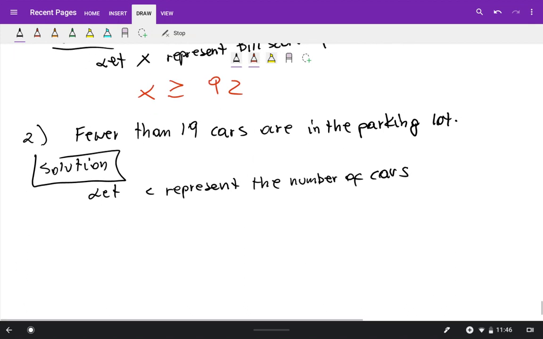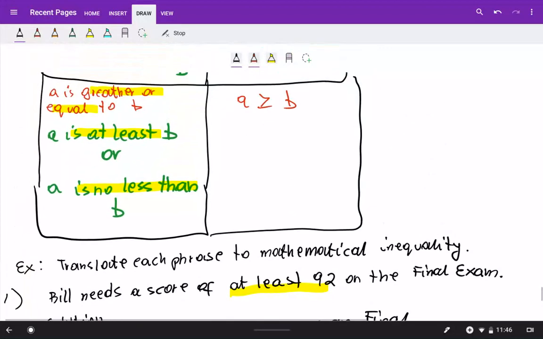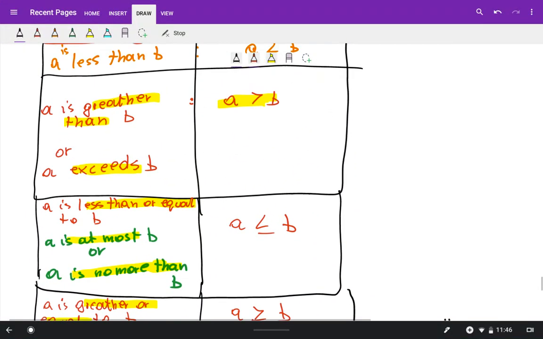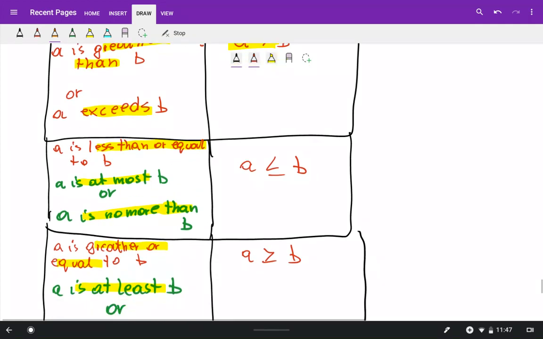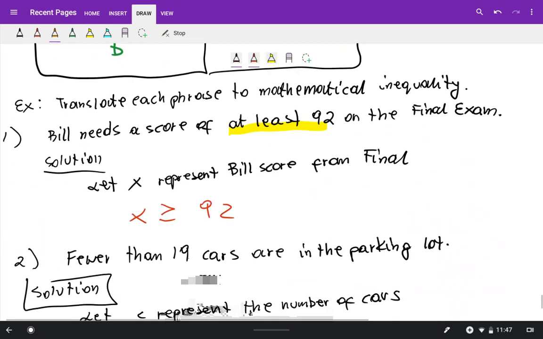Okay. So fewer than 19, that means less than. C is less than 19.